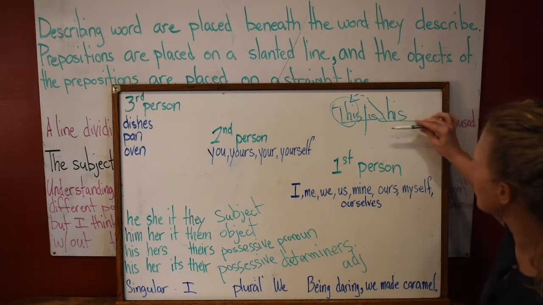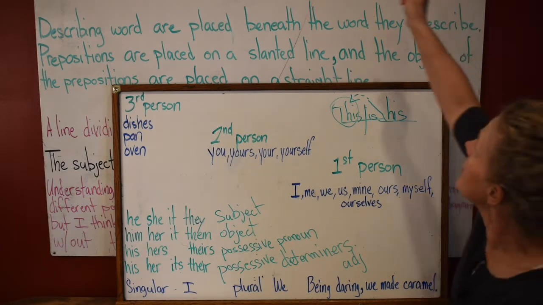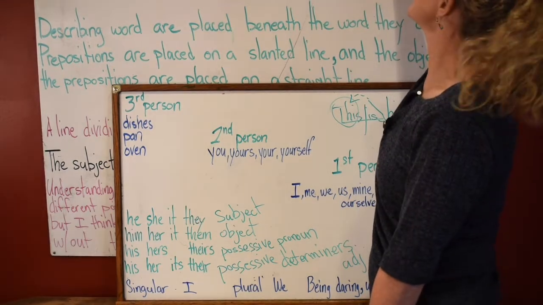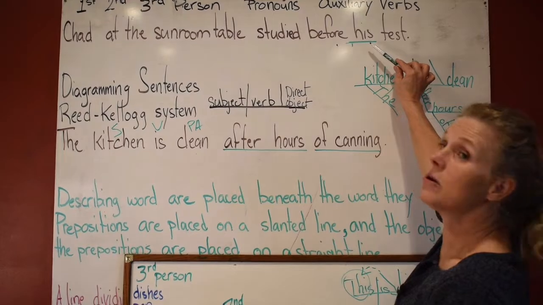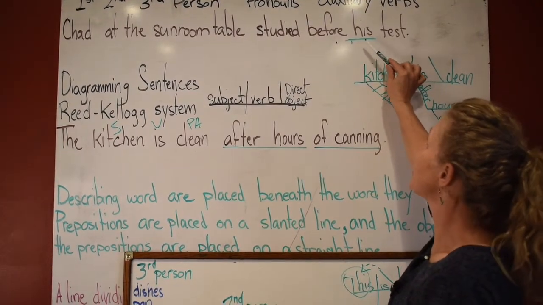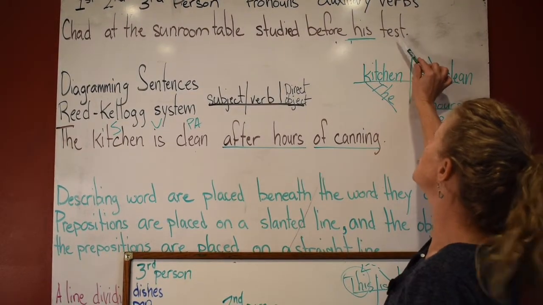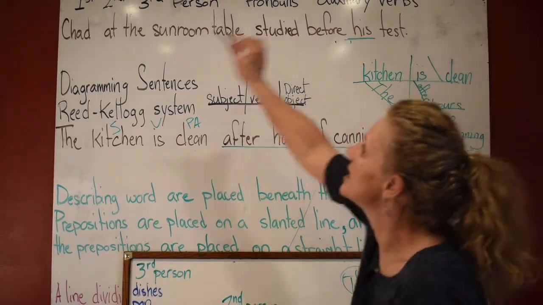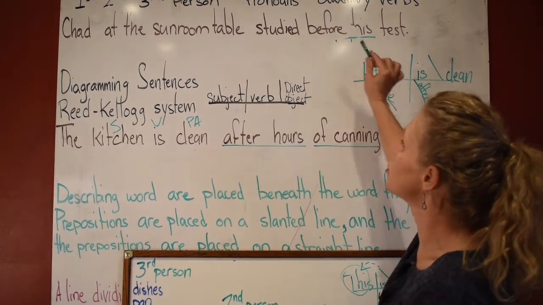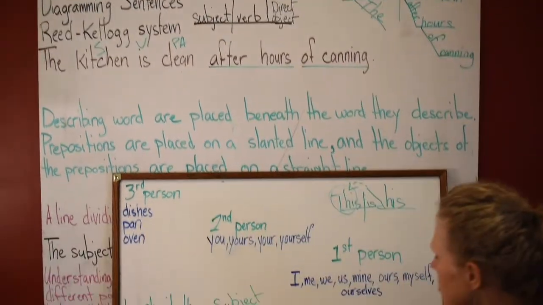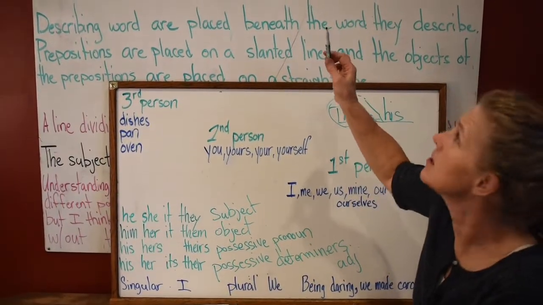Right here, it's a predicate nominative because it can stand alone. But here, it can't stand alone. This is a predicate determiner. This can't stand alone. This is an adjective. This is his test. It's Chad's test, right? We're describing that this is Chad's test. And so it's determining whose test it is. It's Chad's.